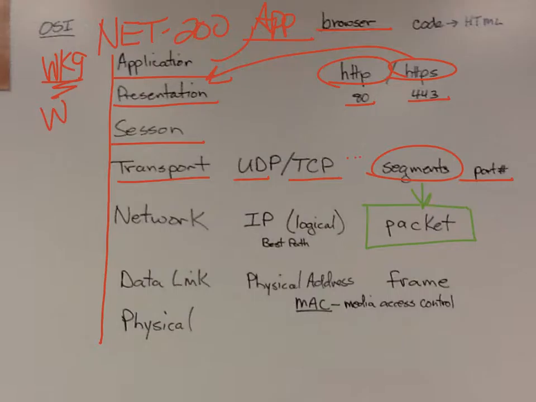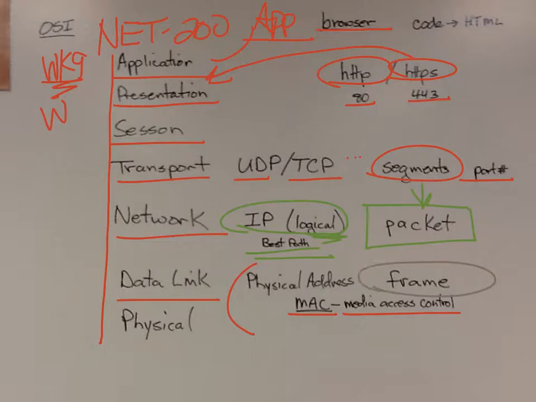Okay, so the segment's inside the packet, which has IP addressing, logical addressing, network layer, best path. Data link layer, physical address, for example, a media access control address, and here we call it a frame.